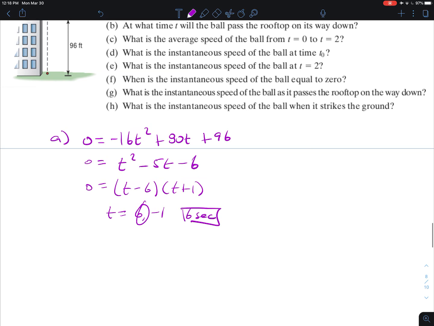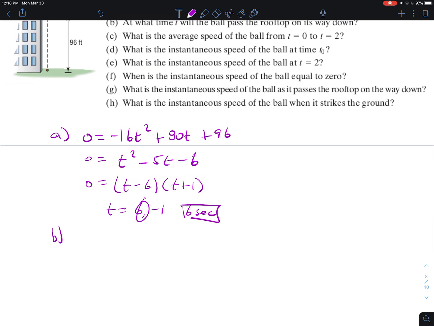Question B, at what time t will the ball pass the rooftop? So we're going to set our equation equal to 96. That's how high the building was. And those are going to cancel. And I can divide by negative 5 again.